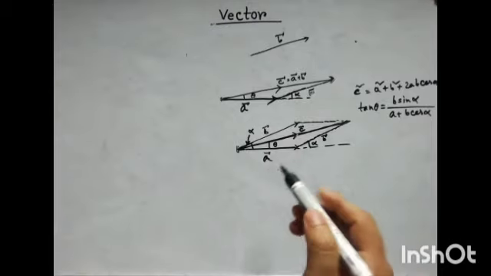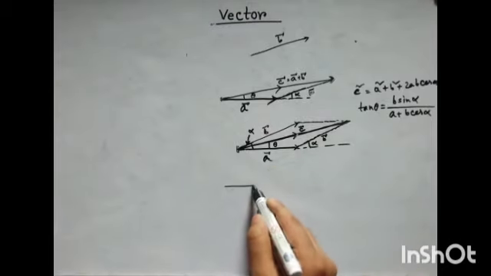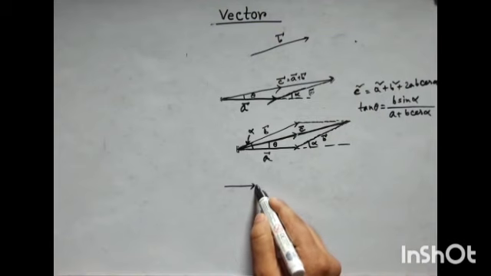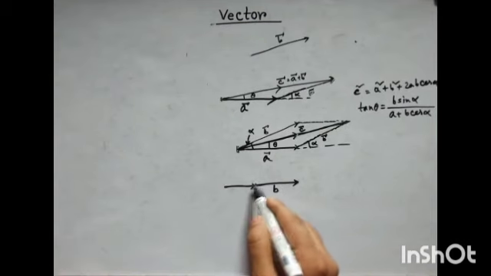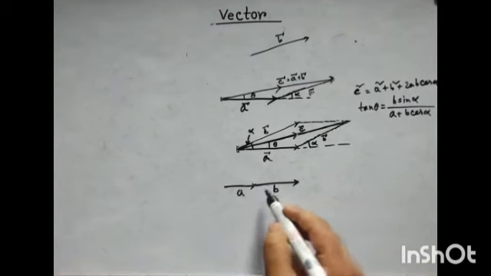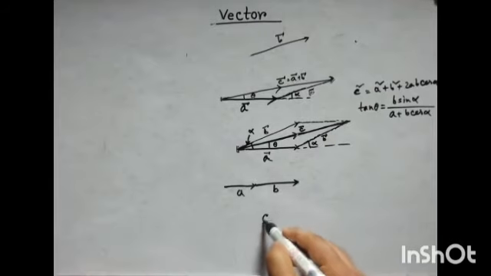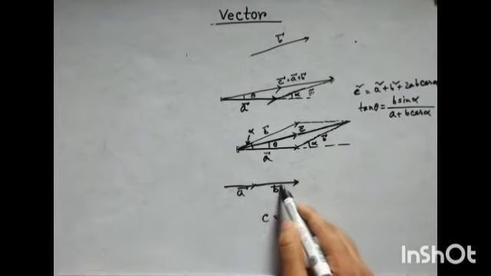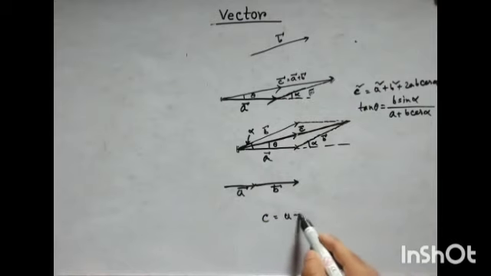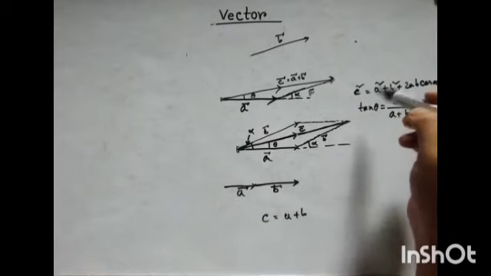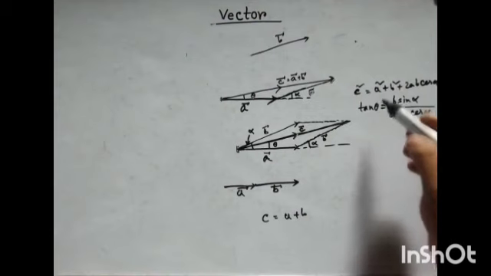Now let's say, what if a vector and b vector are in the same direction? Then the resultant vector will be just a plus b. If a vector and b vector are in the same direction, then c will be just a plus b. But can we derive it from this formula? Let's see.